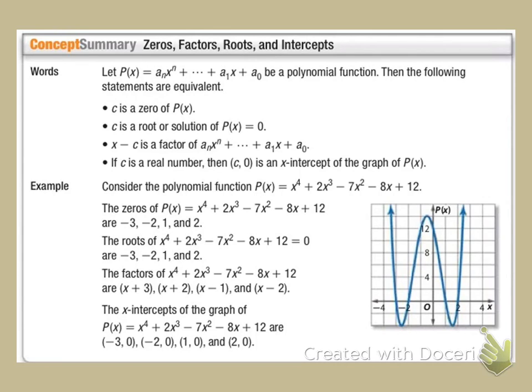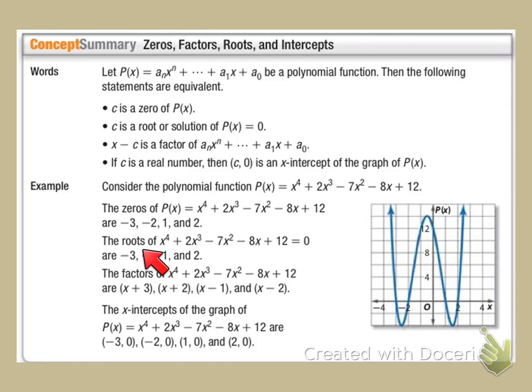Those 4 zeros are where it crosses. They are -3, -2, 1, and 2. Right here. Everybody good? Notice the form that's being used. P of x, that means function form.